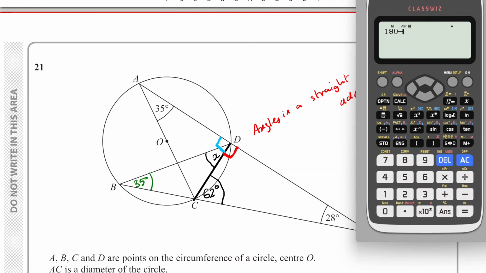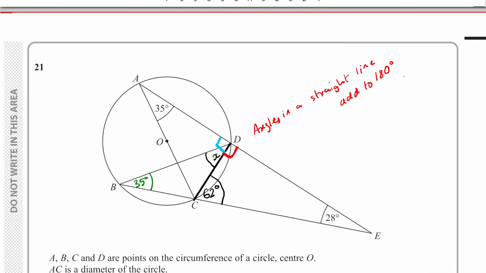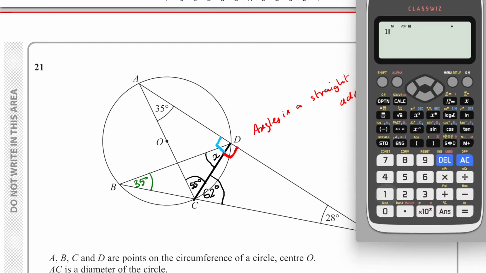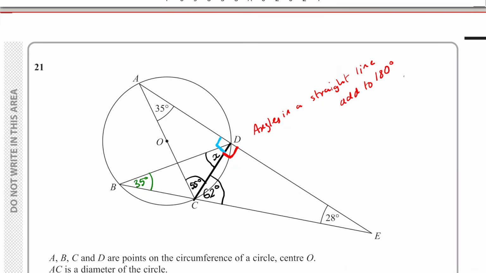So 180 take away 35 and take away 90 is 55 degrees. Angles in a straight line again. So 62, 55 and something have to add up to 180. So that's 63 degrees. Let's just write angles in a triangle.